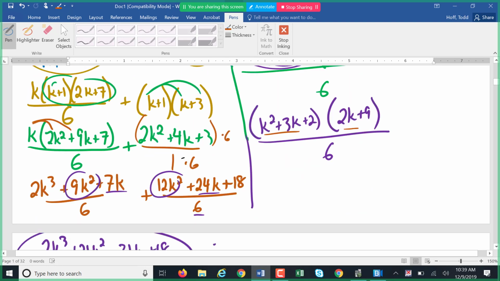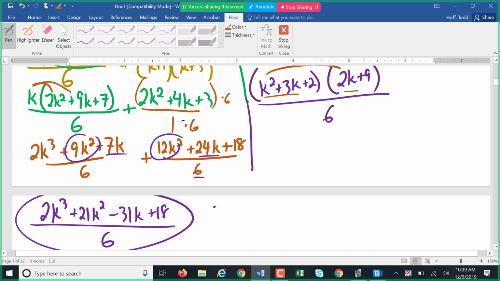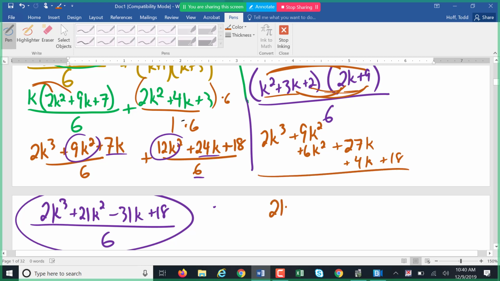Now I still have to multiply these two. So that one we are going to have to write out as we multiply. k squared times 2k is 2k to the third. k squared times 9 is 9k squared. 3k times 2k is 6k squared. 3k times 9 is 27k. 2 times 2k is 4k. 2 times 9 is 18. So we combine those, we've got 2k to the third plus 9 and... Did I do something wrong there?